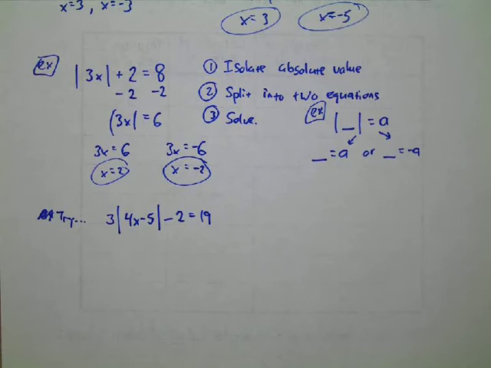So it's going to equal, and the next thing with positive. That's right. Okay, 19 plus 2. So 21 divided by 3.